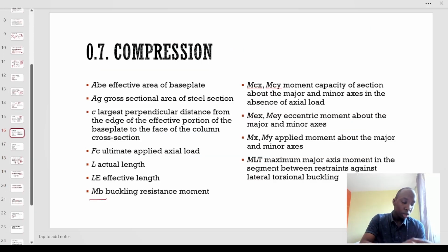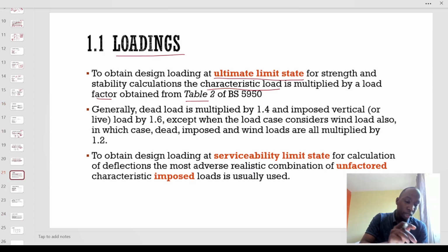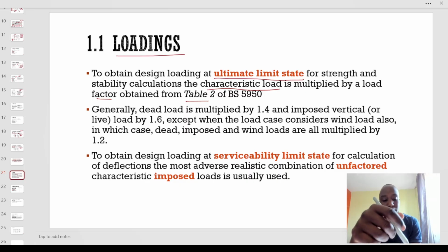So we have to obtain design loads at ultimate limit state for strength and stability calculations. You multiply the characteristic load by a load factor obtained in table 2.